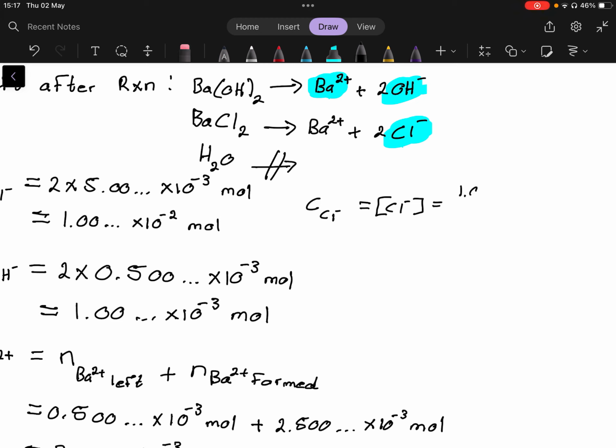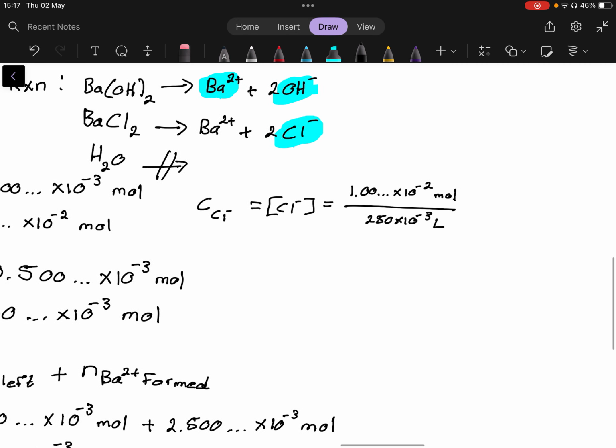So we have 1.00 times 10 to the negative 2 mole divided by 250 times 10 to the negative 3 liter. And then you should find 10 divided by 250 is 1 over 25. You should then get 2.00 times 10 to the negative 2 molar.